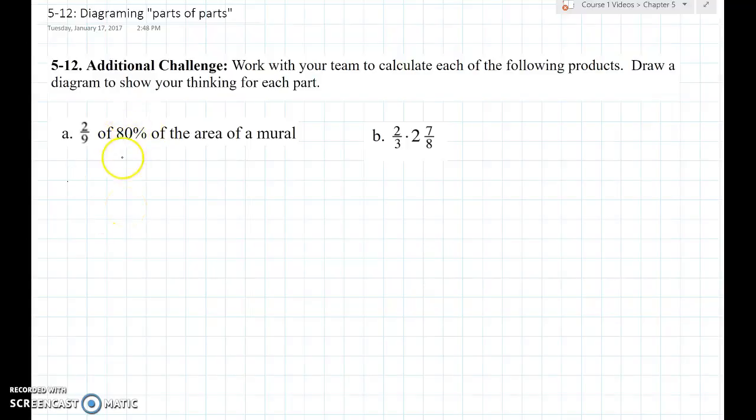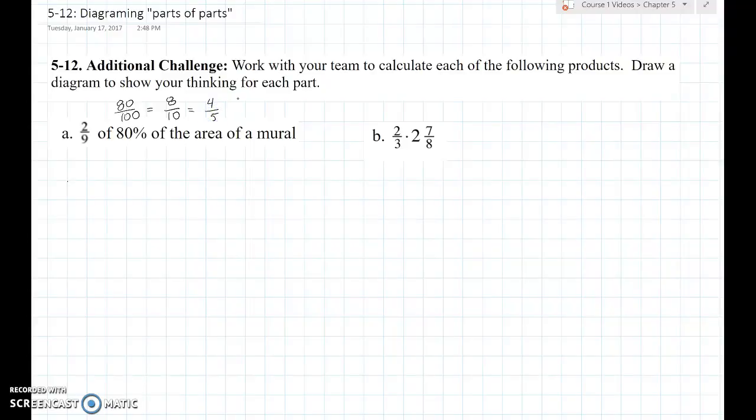First, I want to talk about what is 80% as a fraction. Well, I know that 80% is 80 out of 100. And I know that I can reduce that by a factor of 10, that's 8/10. I could even take that a step further and say that 8/10 also reduces to 4/5.